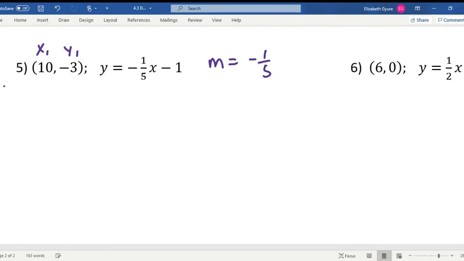Negative 1/5. Good. So now we're going to do y minus y1 equals m times x minus x1. Yeah, y minus a negative 3 equals m. Bailey, what should I plug in for m for my slope?